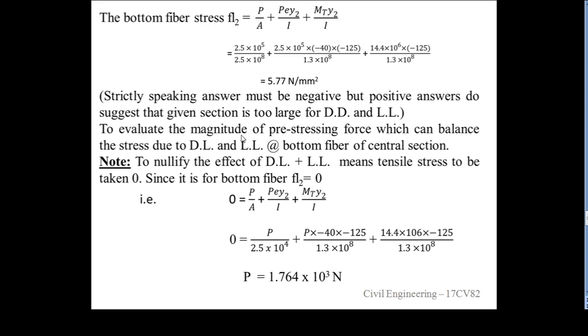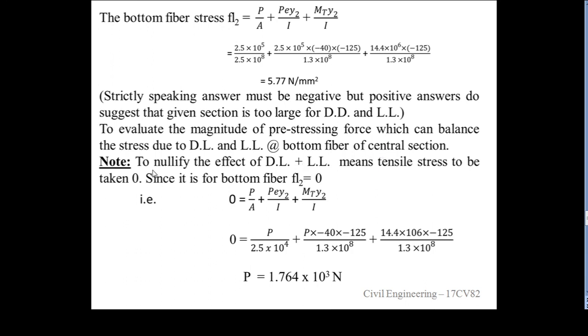To evaluate the magnitude of pre-stressing force which can balance the stresses due to dead load and live load at bottom fiber of central section. This is the second point. Note, to evaluate the magnitude of pre-stressing force, we can find the P value.